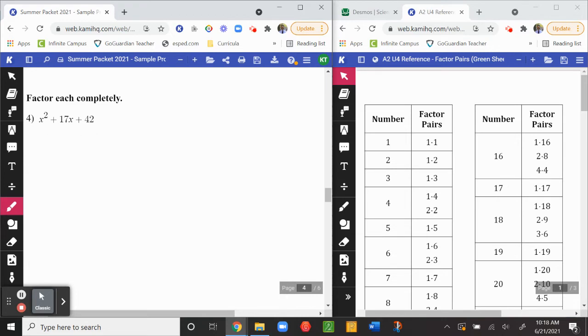I notice that I have a quadratic trinomial, and I remember that one of the strategies that we've used for this is to do the x game.